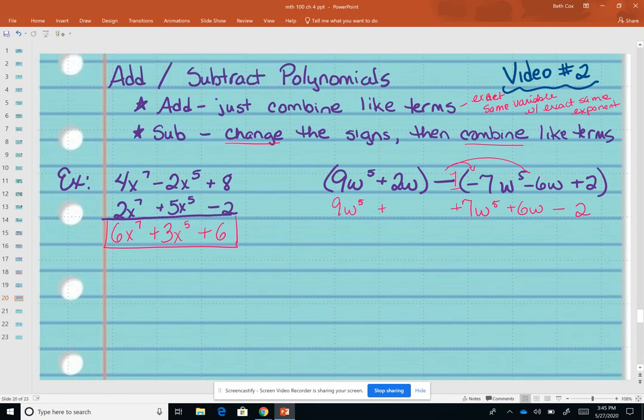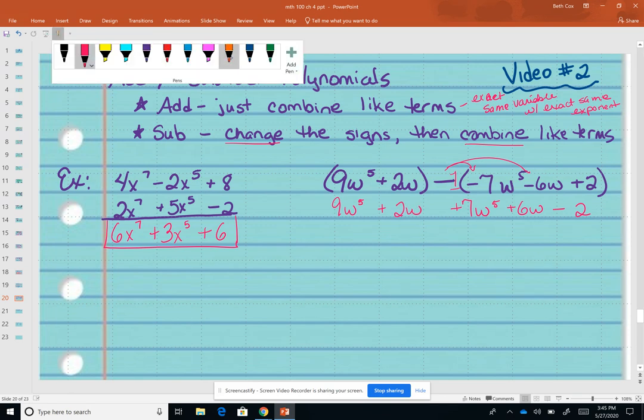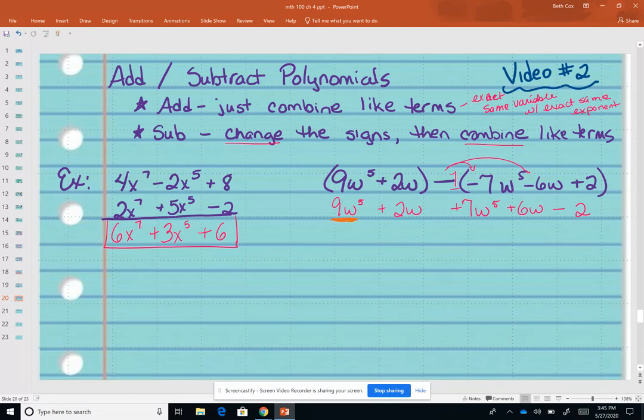Notice that this one and this one are alike. They have the exact same variable with the exact same power. So 9w to the 5th plus 7w to the 5th is 16 of them. No change to the exponent. And then these two right here are alike. So that's 8w.